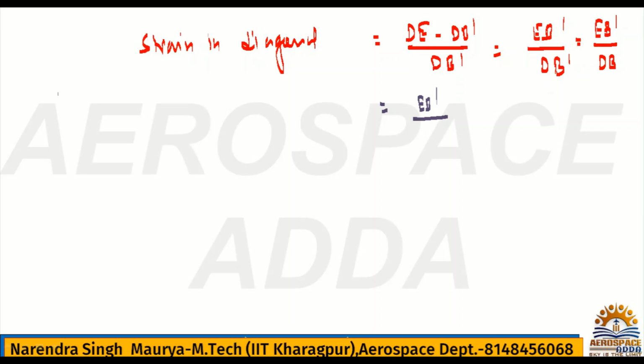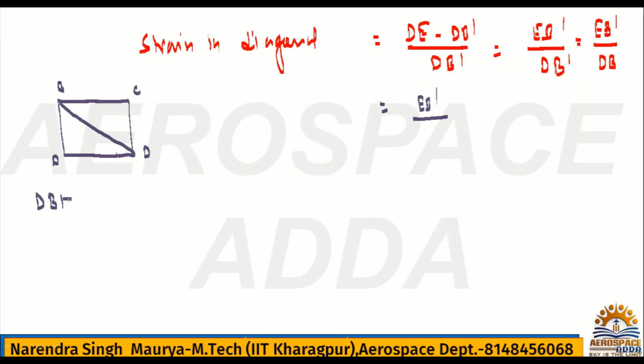If you remember, it's a simple 9th standard trigonometry. You can say it is A, B, C, D. If you want to calculate this diagonal, so this diagonal will be DB. You can take any side, it may be AB, because it's a square only.